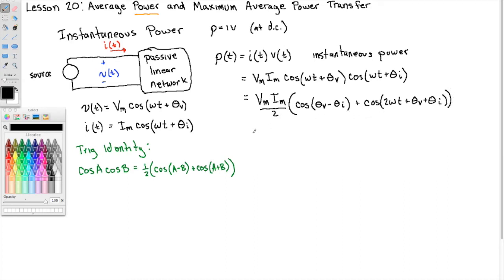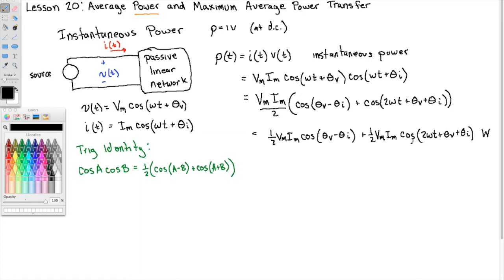Alright, well that's of interest to us, and let me distribute the 1/2 and the Vm and the Im in. So I've got 1/2 Vm Im times cosine of theta v minus theta I, plus 1/2 Vm Im times the cosine of 2 times omega t plus theta v plus theta I. And this is in watts.